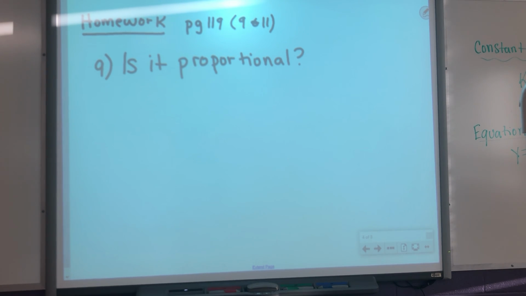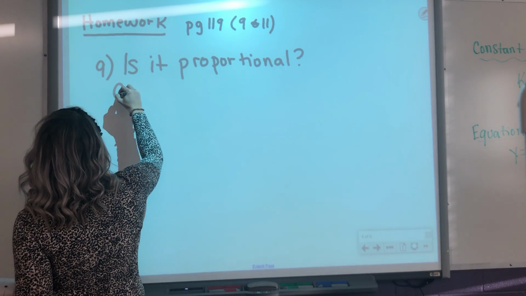How many yeses do I see? Okay, how do we know, looking at the graph, that this relationship between the time and the number of boxes packaged is proportional? Danica? Very good.